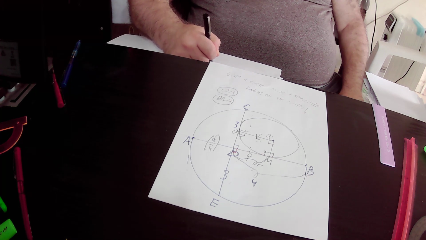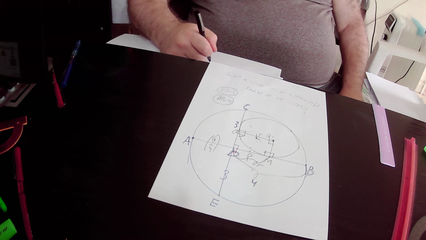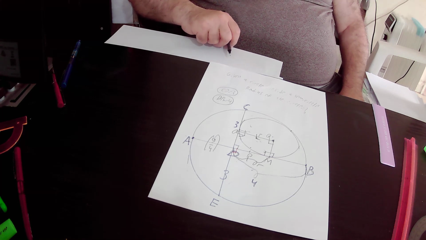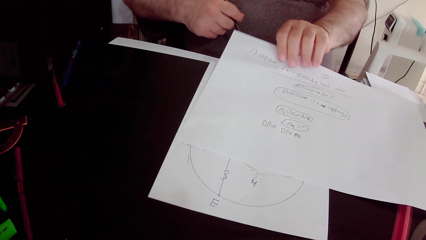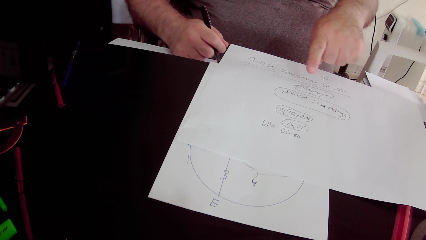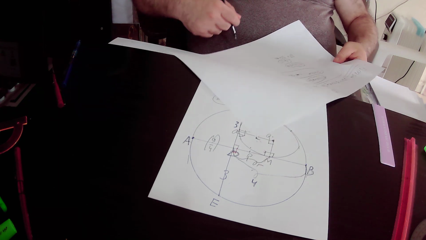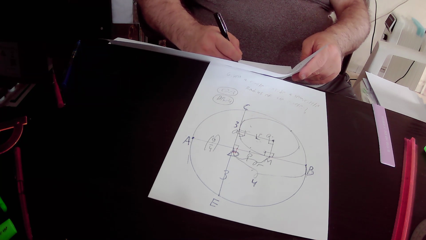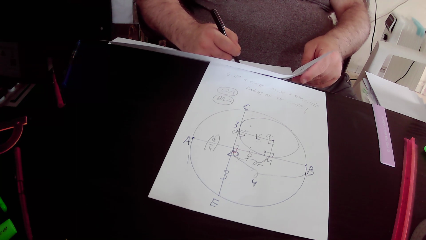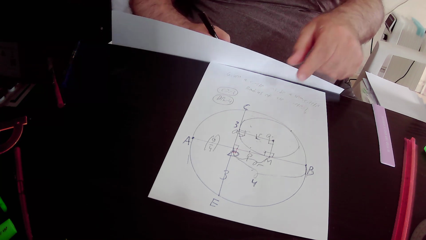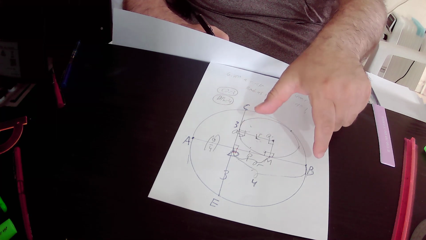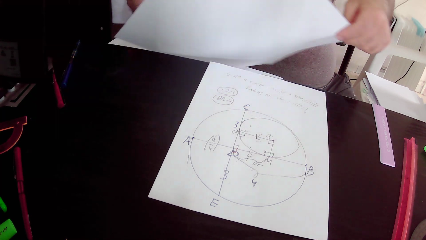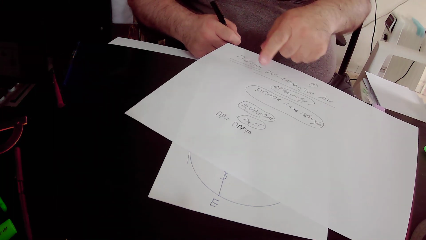DP equals DB minus PB. Okay, DP equals DB minus PB.